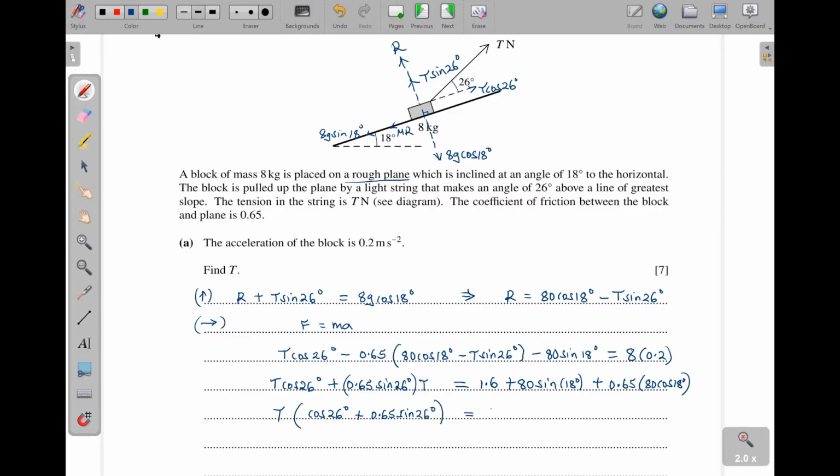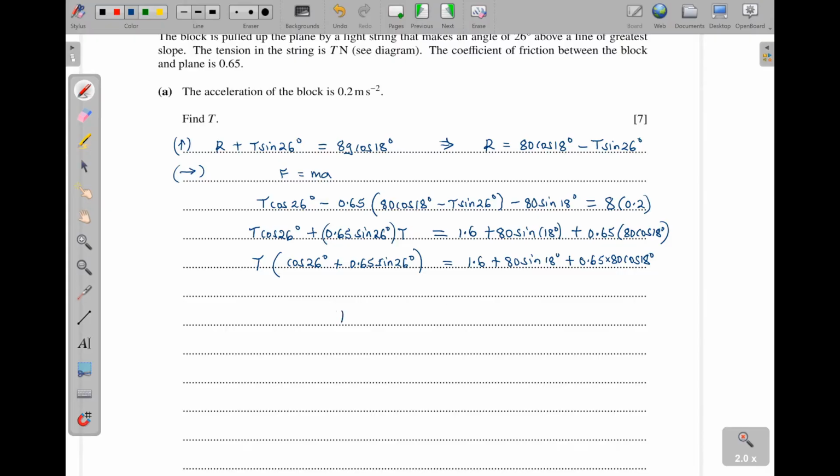Then this is equal to whatever is on this side: 1.6 plus 80 sine of 18 degrees, plus the 0.65 times the 80 cosine of 18. That therefore implies that our T is going to be the whole of 1.6 plus 80 sine of 18, plus 0.65 times 80 cosine of 18, then we divide everything by cosine of 26 degrees plus 0.65 sine of 26 degrees.